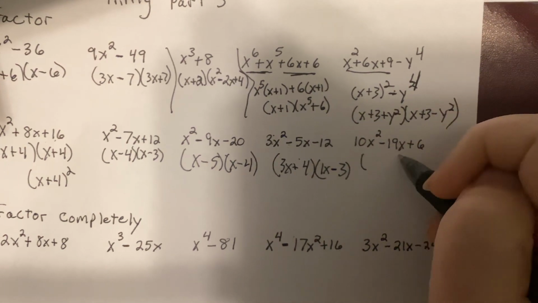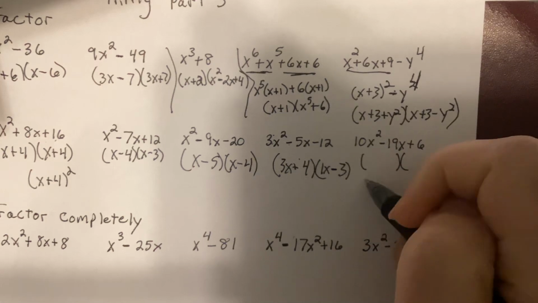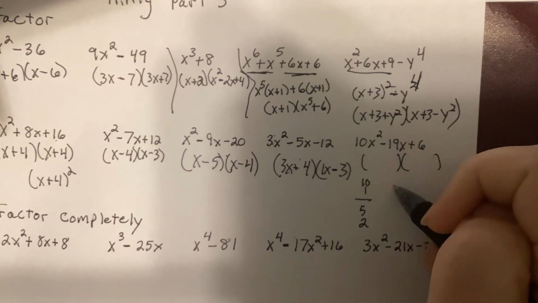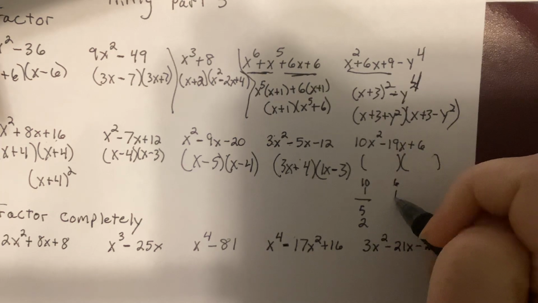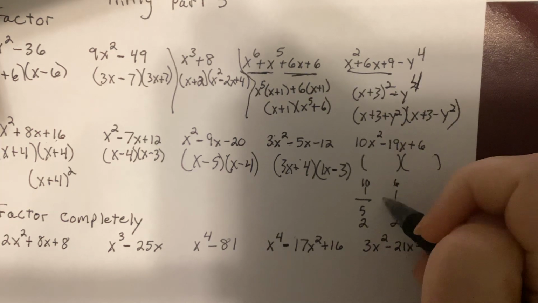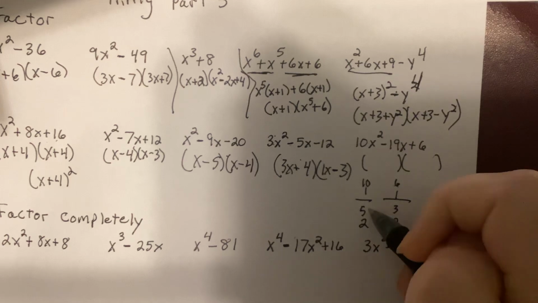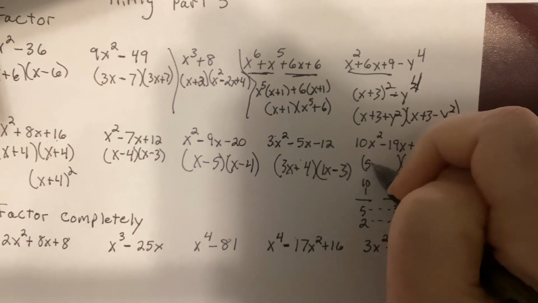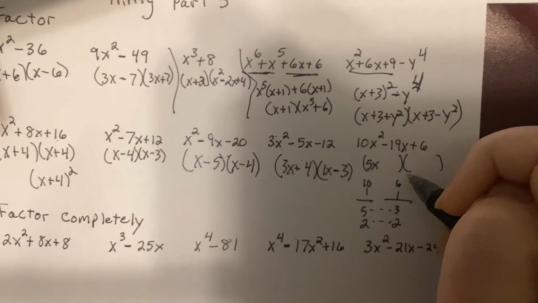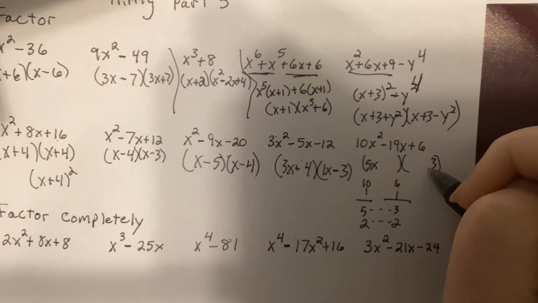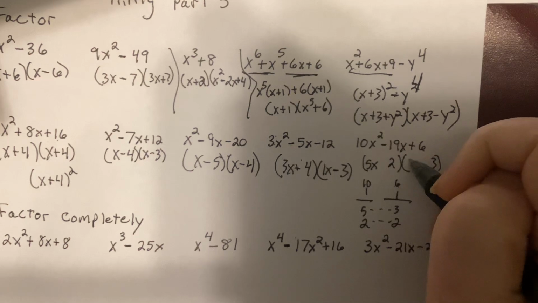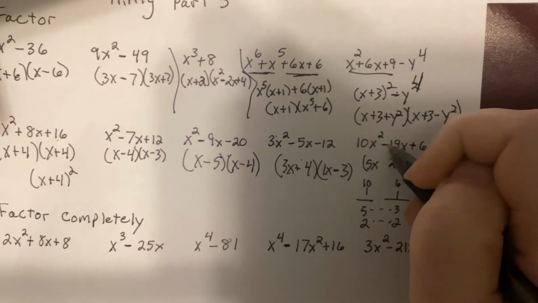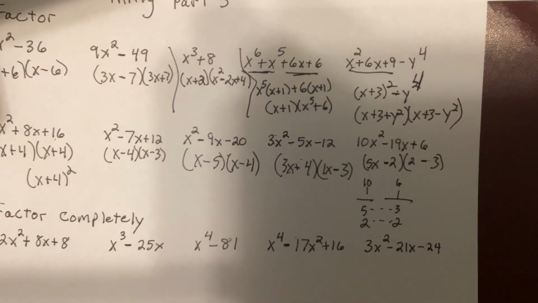And this one, let's see, 10 is 10 and 1, 5 and 2. 6 is 6 and 1, 3 and 2. And I think I see it. So it'll be 5x, and the 3 goes with the 5, 2 and 2. Last one's plus, so both signs are the same as the middle.